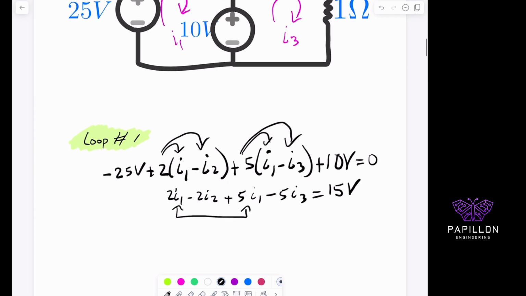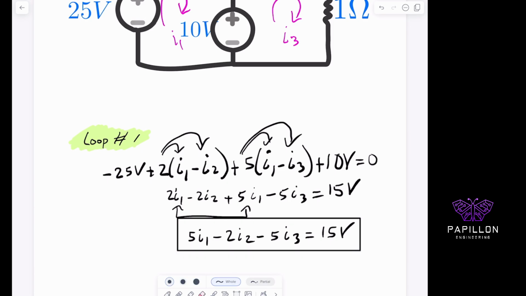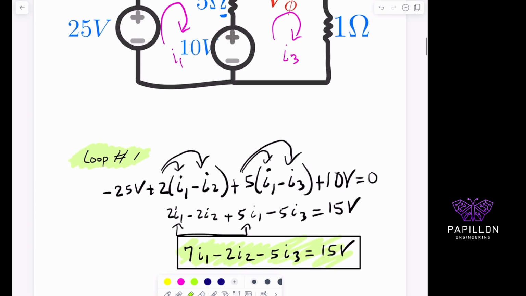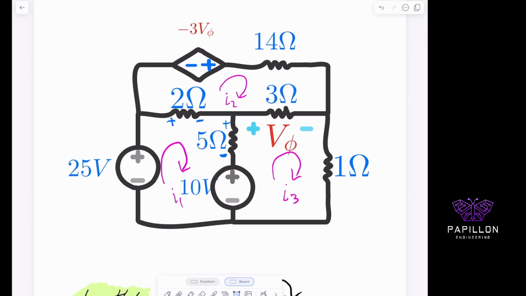Okay, now that I've done that, I can reduce this entire loop 1 to just one equation. See if I don't make any algebra mistakes. Here we go. Okay, now that I reduced that to one equation, that wasn't so bad, because in loop 1 and loop 1 only, you'll notice that there are no dependent sources. So everything is independent, which makes our lives a little bit easier.